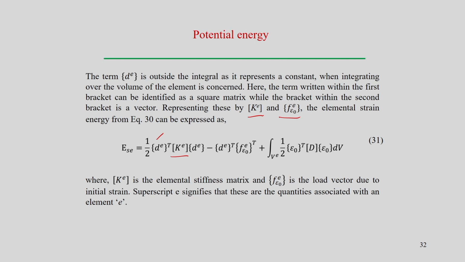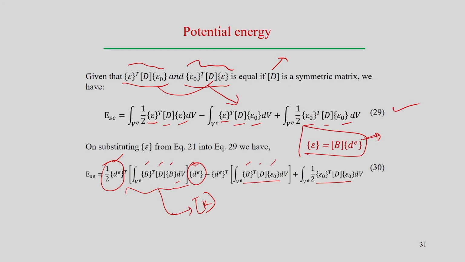Similarly, the next dE multiplies this one, which represents B transpose D and the strain components. But this initial strain component we can consider as not actually a variable, so it can be considered a constant.